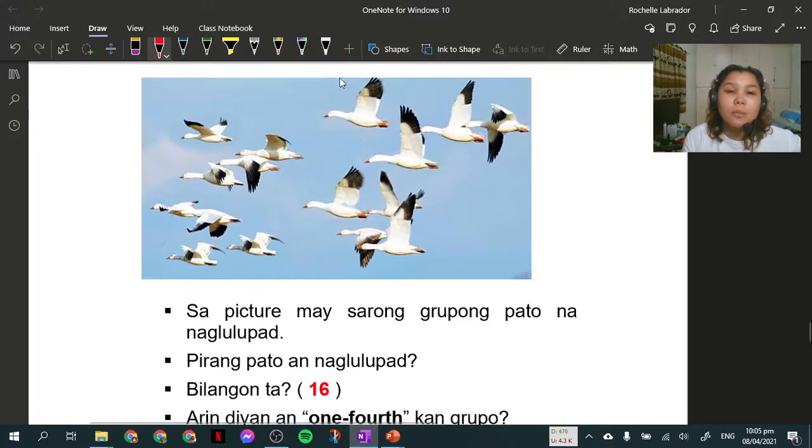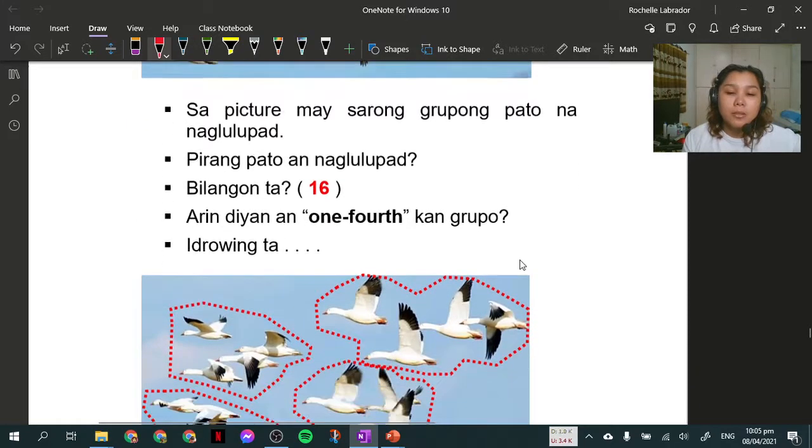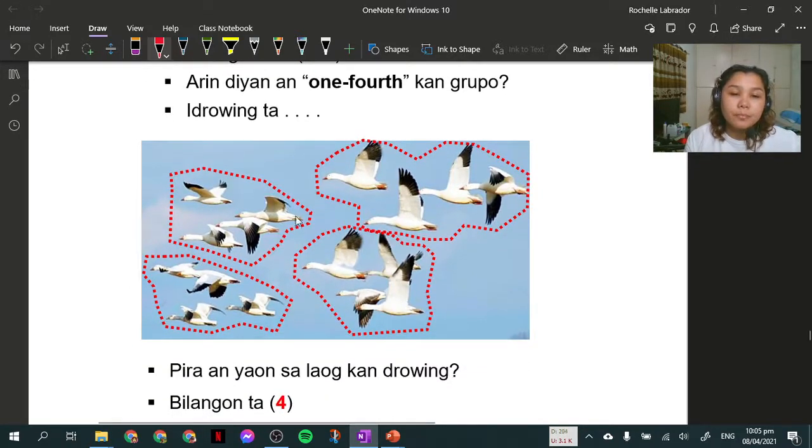So, paano naman ito makukuha ang 1/4? So, try to remember, if we have 1/4, it means that we have to have 4 groups of equal number of objects. Okay. So, ito, dahil hindi naman sila nakalinya, it made use of circles instead. So ito ang isang group, isang group, isang group, isang group. If we're going to count them, there are 4 groups.